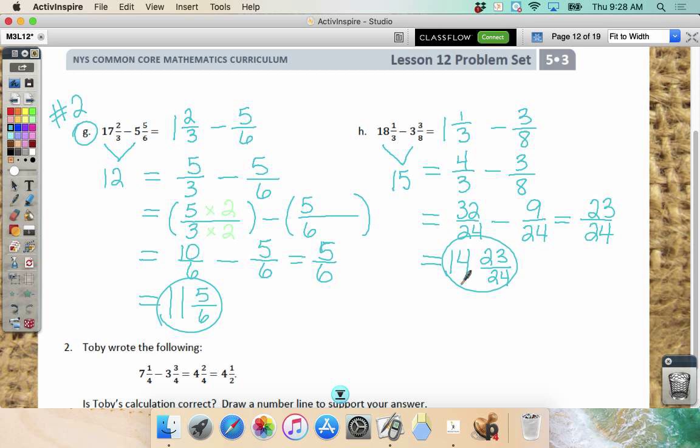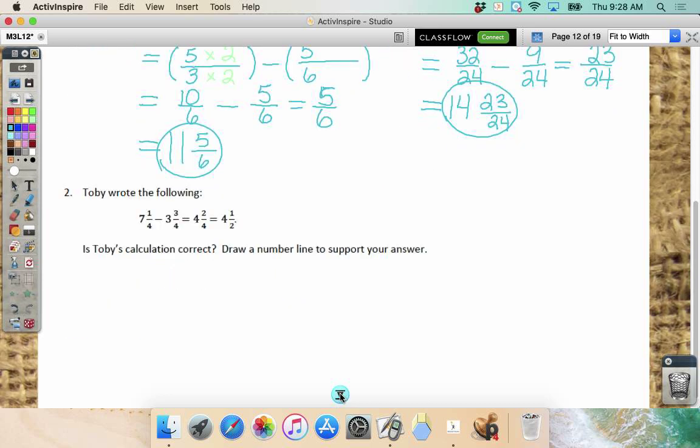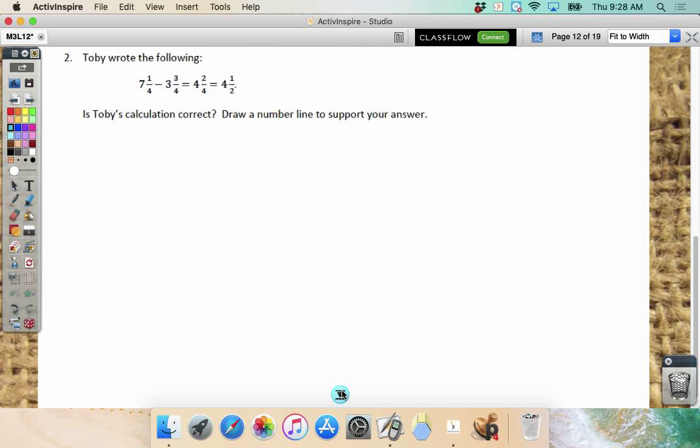All right. So we've got one word problem we're going to do. And then you can work with partners. We will not be drawing a number line here. We're just going to check Toby's work. So in order to check Toby's work, we're just going to redo it ourselves. You know, when you come up and you ask me, is this right?